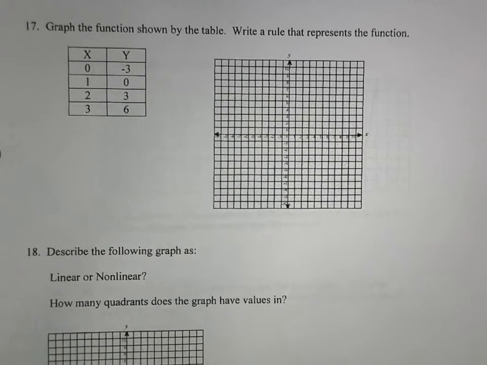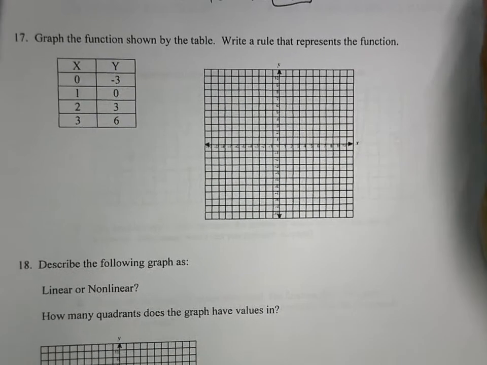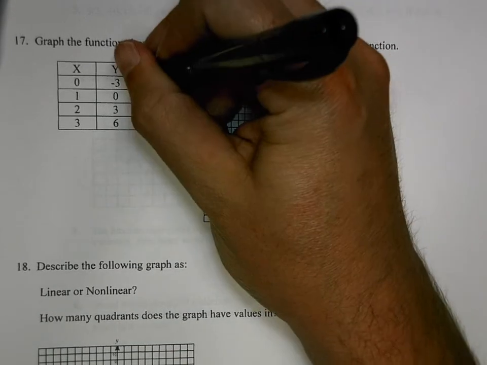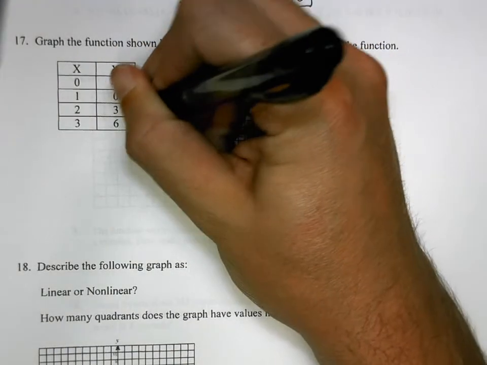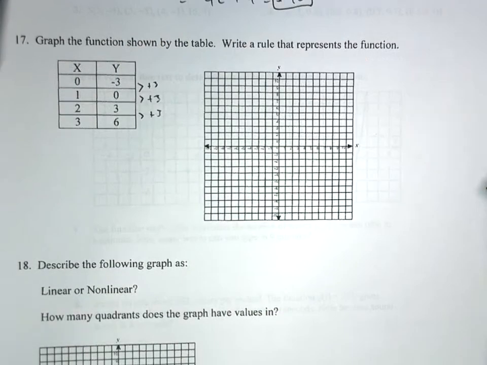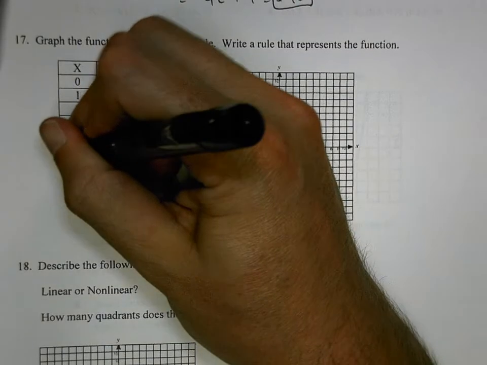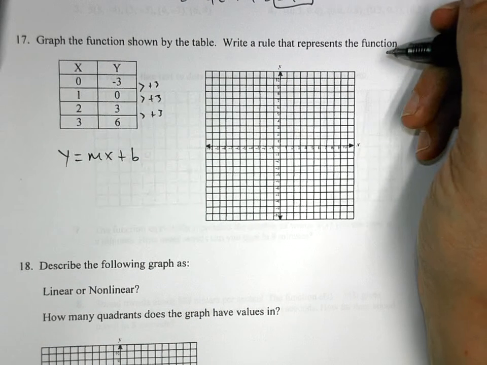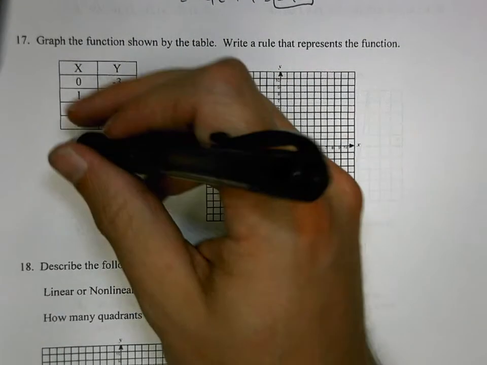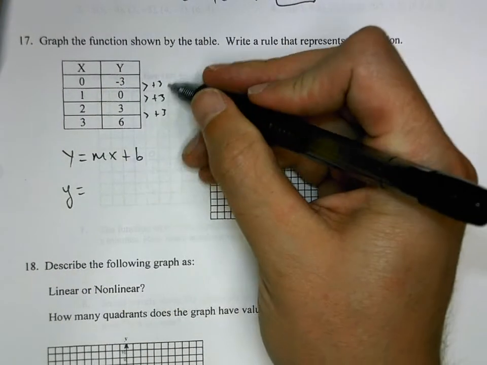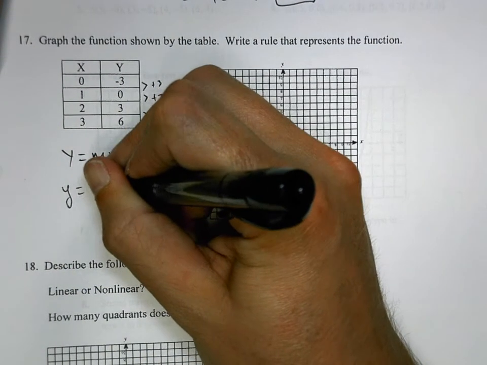Okay, graph the function shown by the table. Write a rule that represents the function. So looking at our y values, they are increasing by 3. So we're adding 3 every time. So that's our pattern. Y equals mx plus b. And so y equals, the m value is our pattern. So that will be a 3x.